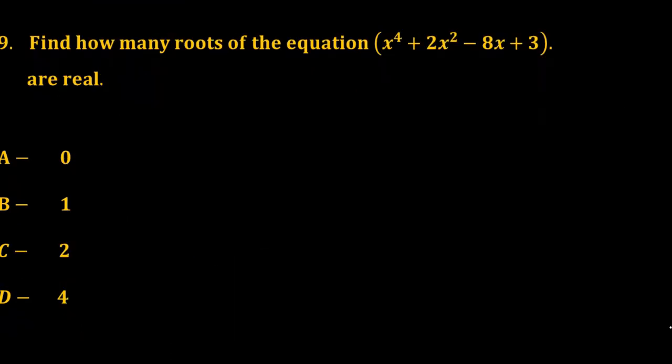Going to number 9. Find how many roots of the equation x to the power 4 plus 2x to the power 2 minus 8x plus 3 equals 0, okay, are real. Here we can find the rational roots. From here we have the leading coefficient, its factors are 1 and negative 1.